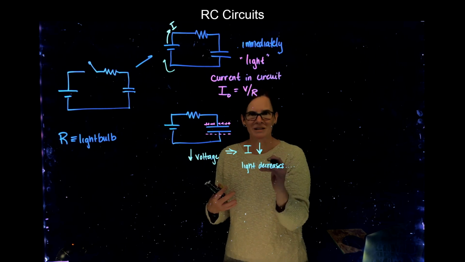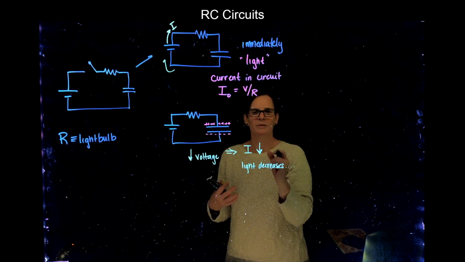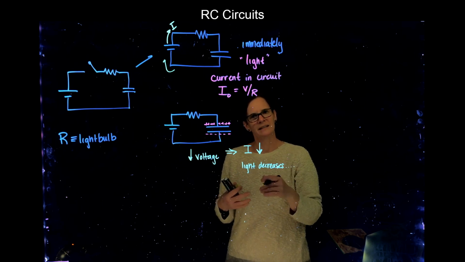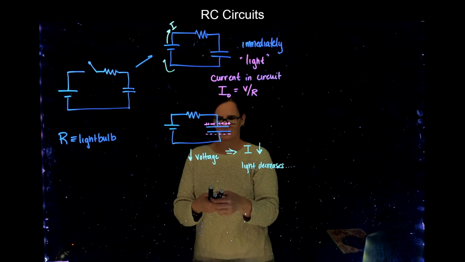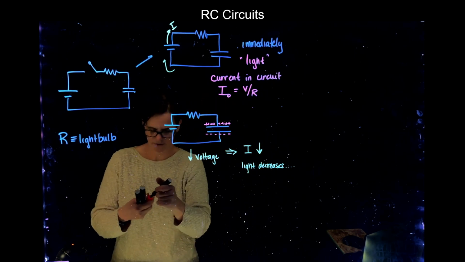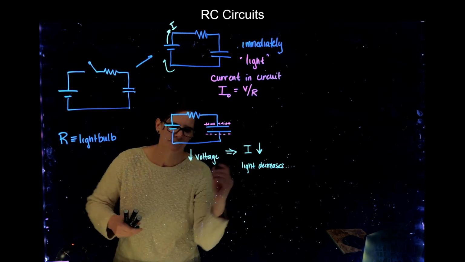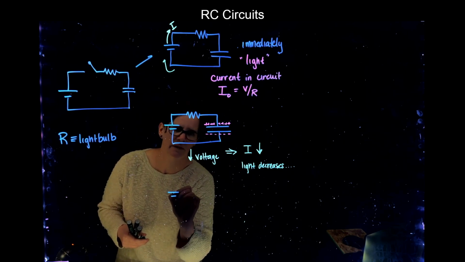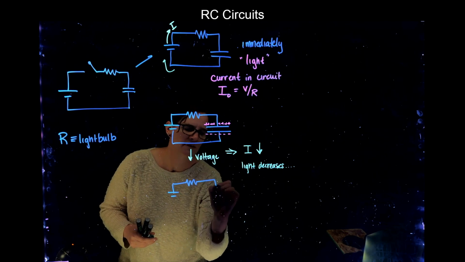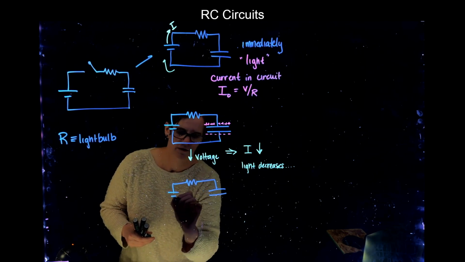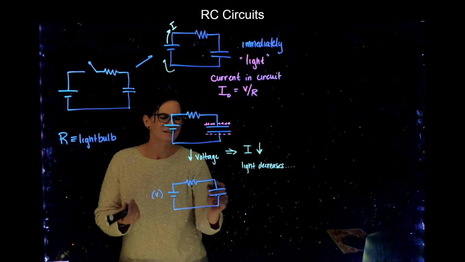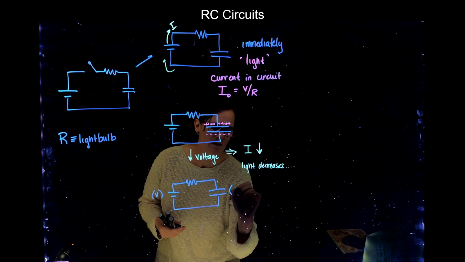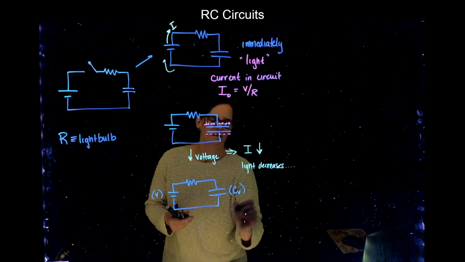So the current continues to drop until the point where the voltage across the battery, we'll say V, is equal to the voltage across the capacitor.